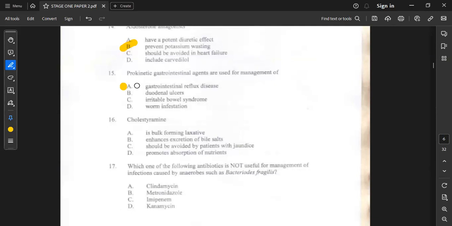So in irritable bowel syndrome, isn't it that you want to increase the motility of the GIT? Irritable bowel syndrome is either constipation or diarrhea. It's either constipation predominant, diarrhea predominant, or mixed. If it's constipation predominant, you give bulk forming agents.